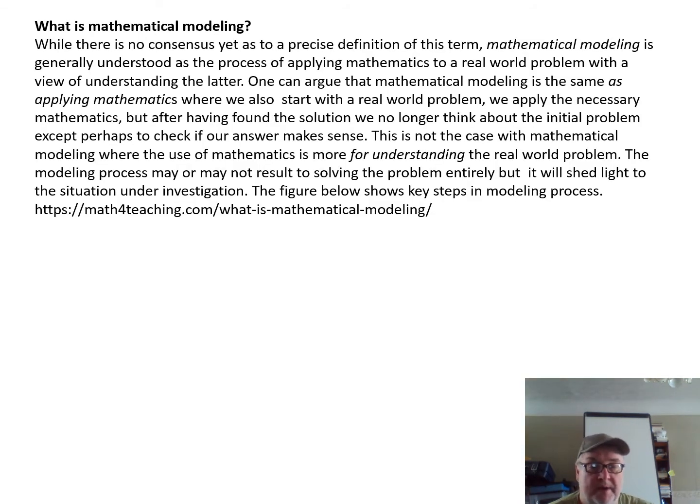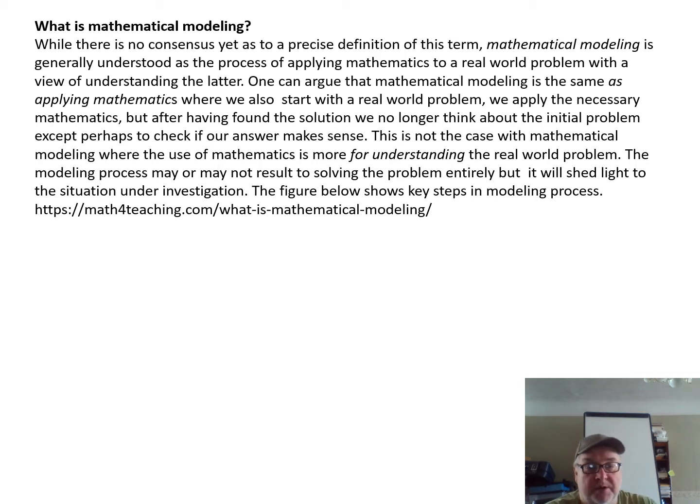What is mathematical modelling? While there is no consensus yet as to a precise definition of this term, mathematical modelling is generally understood as the process of applying mathematics to a real-world problem with the view of understanding the latter. One can argue that mathematical modelling is the same as applying mathematics, where we also start with a real-world problem.